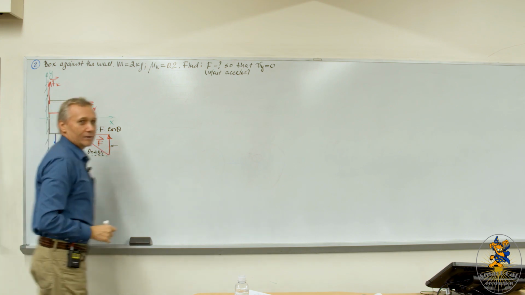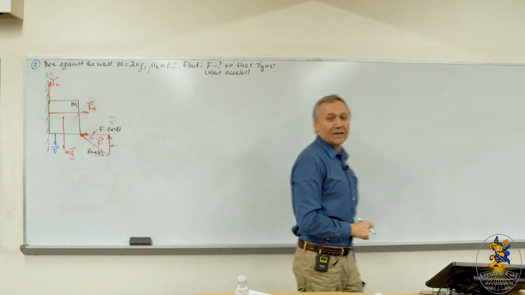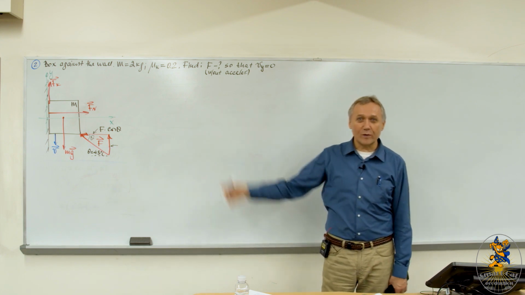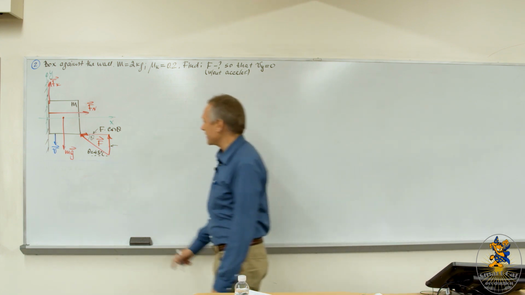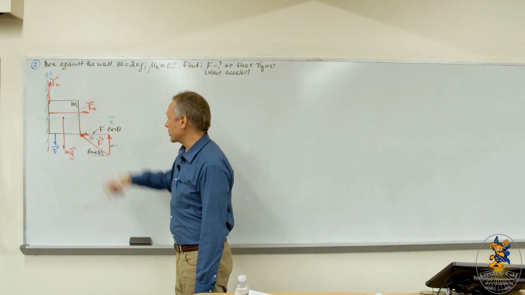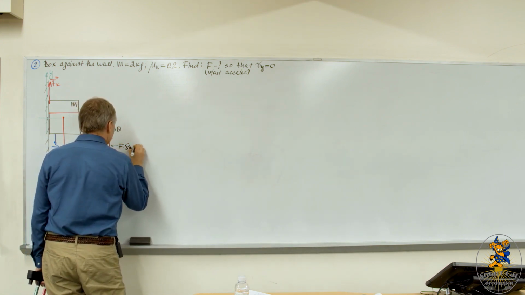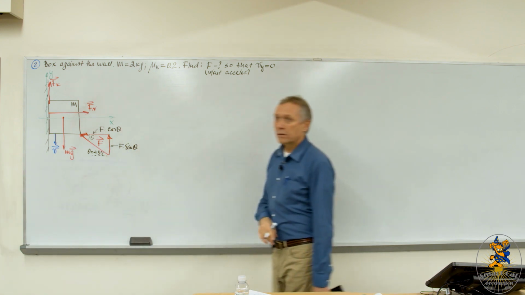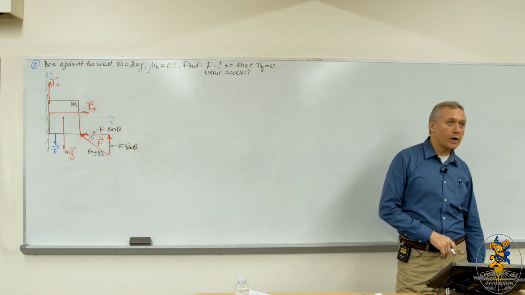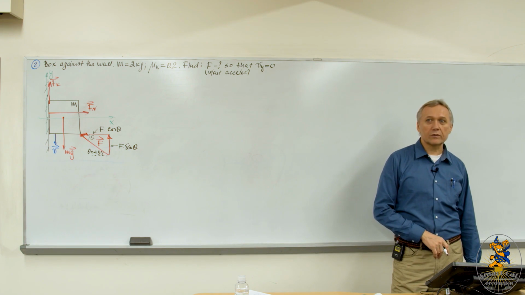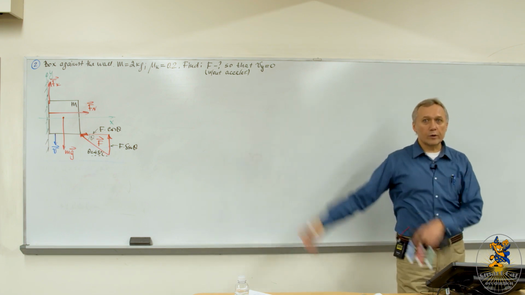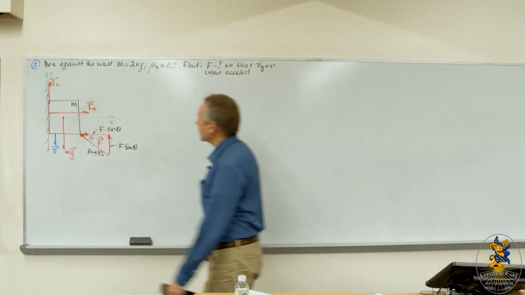And if we use cosine to find this component, then to find the other component there will be sine, because this side is opposite to the given angle. So this will be F sine theta. That's it, so everything is now in front of our eyes. We just need to transport it into our equations with the proper signs.